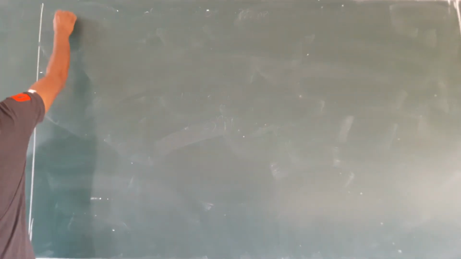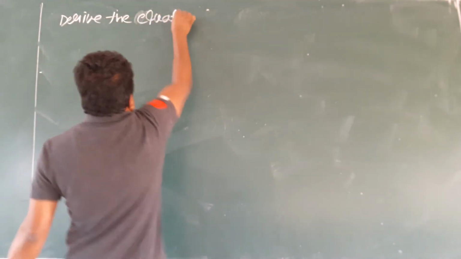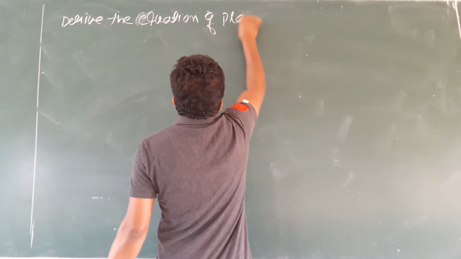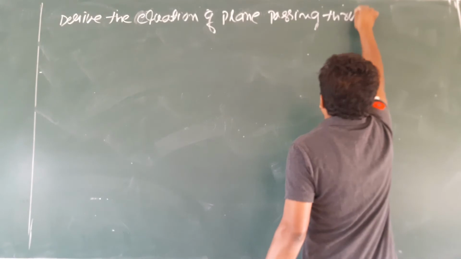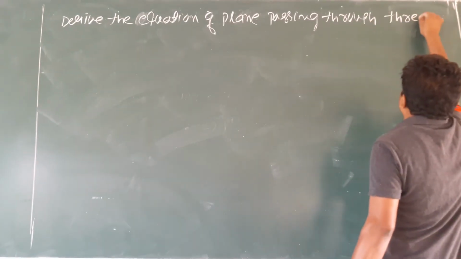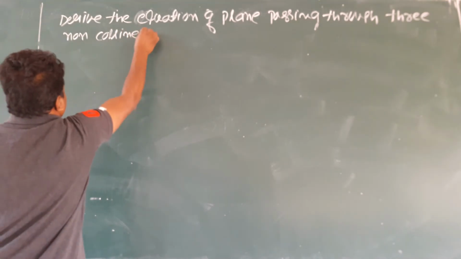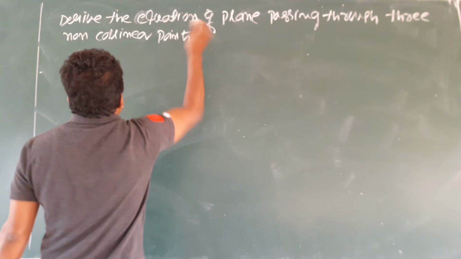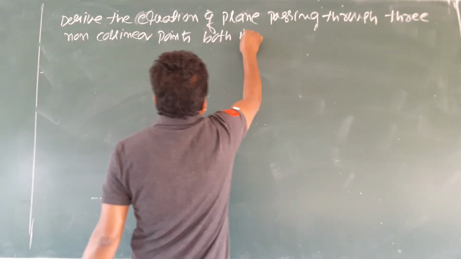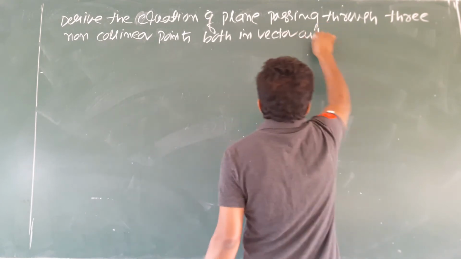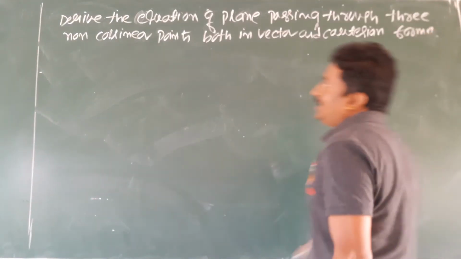Write the question: derive the equation of the plane passing through three non-collinear points, both in vector and Cartesian forms.